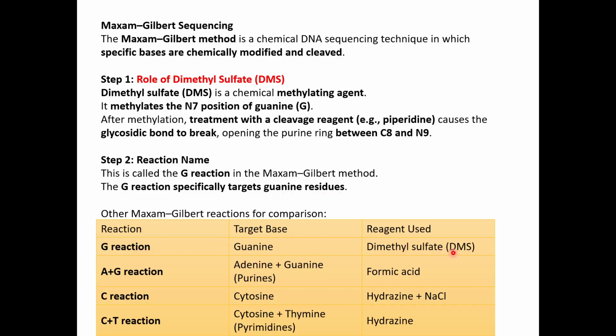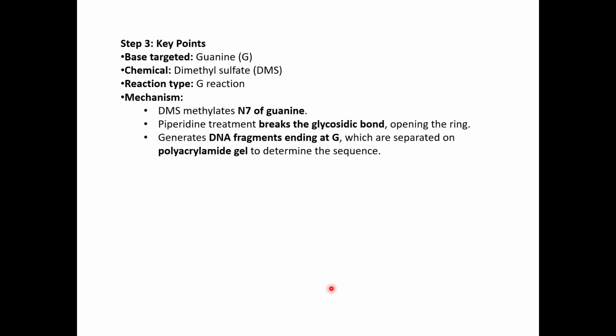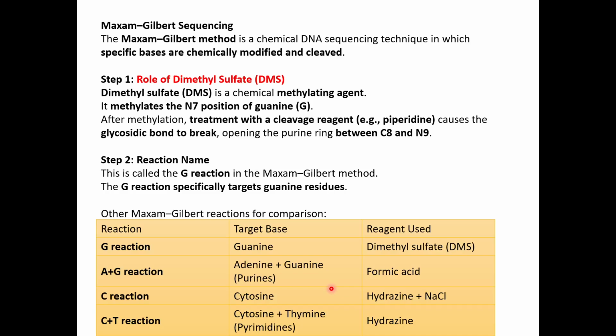So the G reaction is by DMS, the A plus G reaction is by formic acid, the C reaction is by hydrazine, and the C plus T reaction is also by hydrazine. The C reaction is hydrazine at higher salt concentration. So, like I said, I think it's the use of these toxic chemicals that makes the method less preferred.